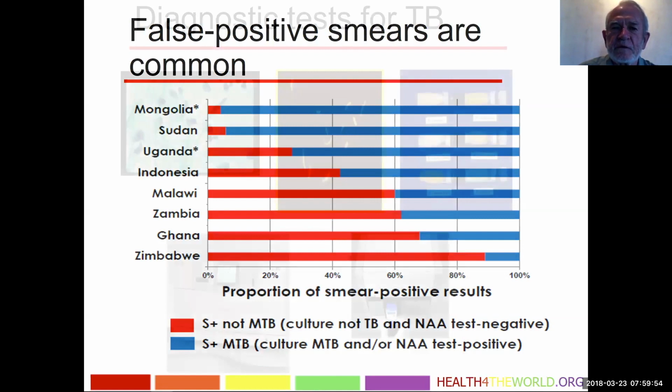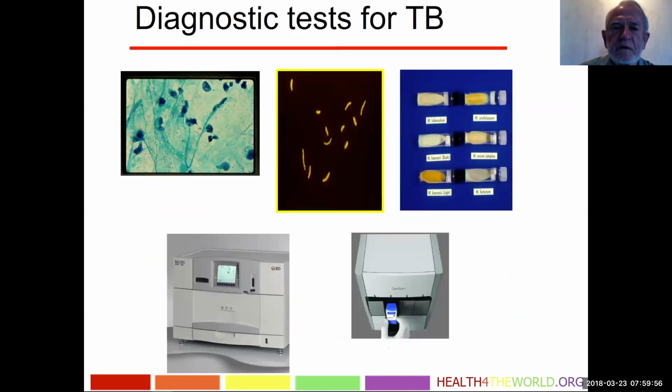These are the diagnostic tests we use for tuberculosis. In the upper left-hand panel is a Ziehl-Neelsen stain, acid-fast stain, showing the typical morphology of Mycobacterium tuberculosis. You see there, sort of in the center of that microscopic field, these curved red rods. That's a typical appearance for Mycobacterium tuberculosis.